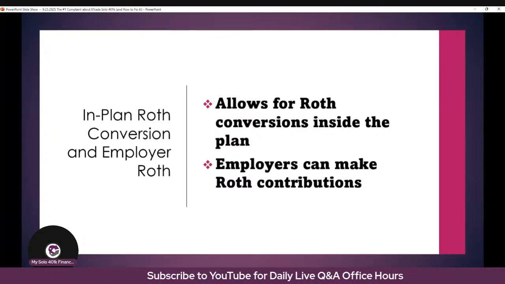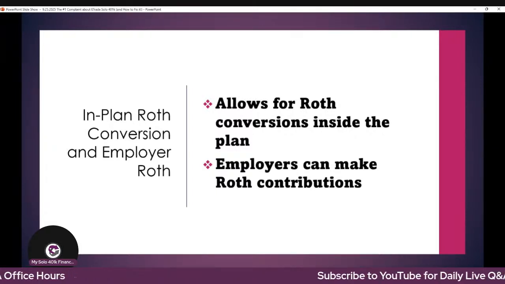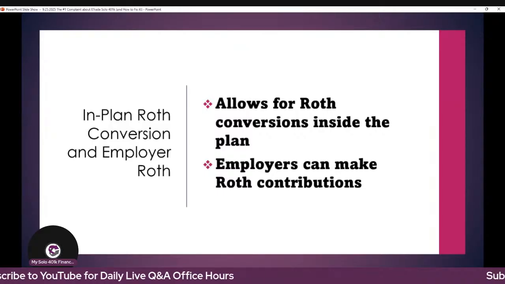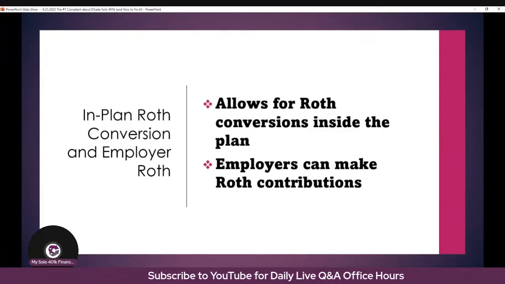Now, of course, that's going to be taxable for the year of the transfer because it's going from a pre-tax status to a post-tax status. It's also going to be reportable. That transfer needs to be reported as a taxable conversion on a Form 1099-R. But the benefit is that now you have more money in your Roth Solo 401k account, so going forward, you've got that potential for tax-free growth. It's just another way to accumulate funds inside your Roth account.